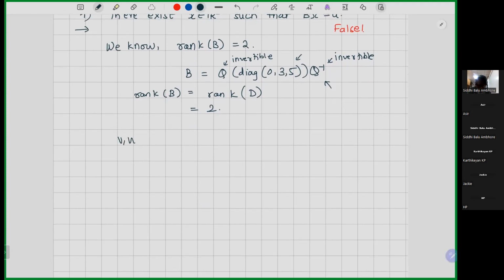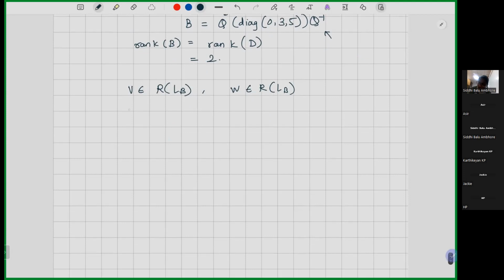So since V and W belong to the range of LB, note that V belongs to the range of LB and W also belongs to the range of LB, because we can have T of 1 by 3 V is equal to V and T of 1 by 5 W is W. So these two elements are in the range space.